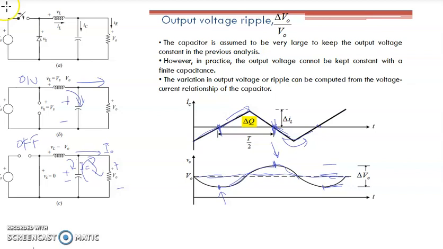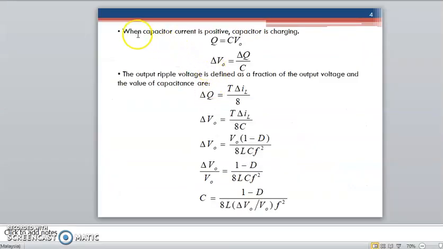So that is the output voltage ripple. It is stated that when the capacitor current is positive, the capacitor is charging. When it ramps up, the capacitor is charging, so you can see that the voltage at the output terminal will be reduced because it charges the capacitor.